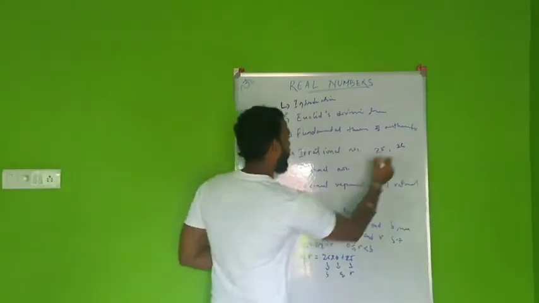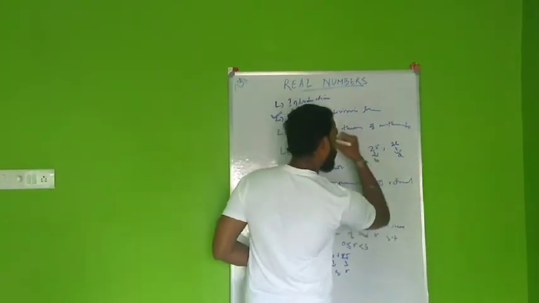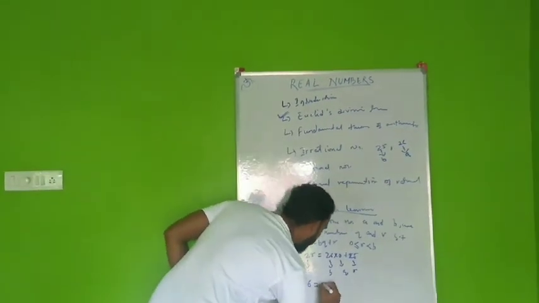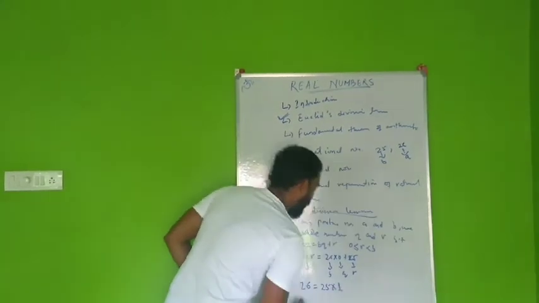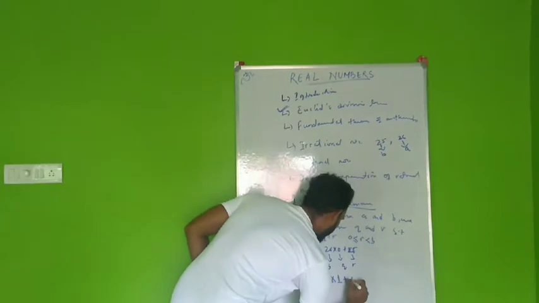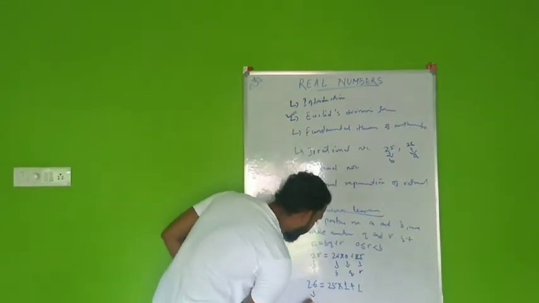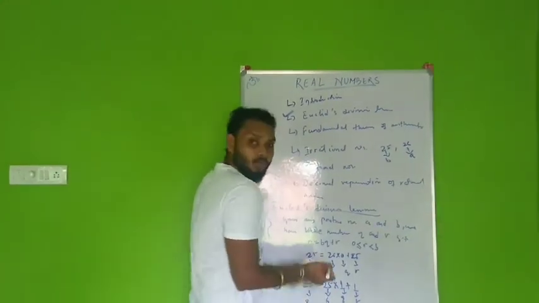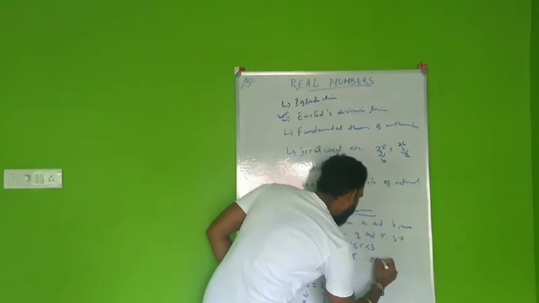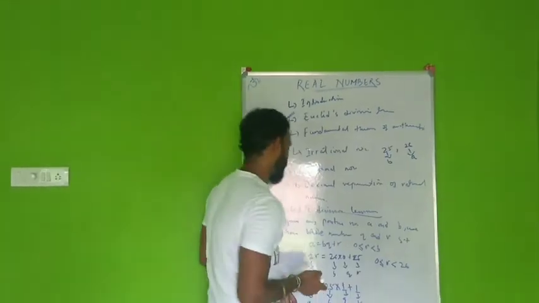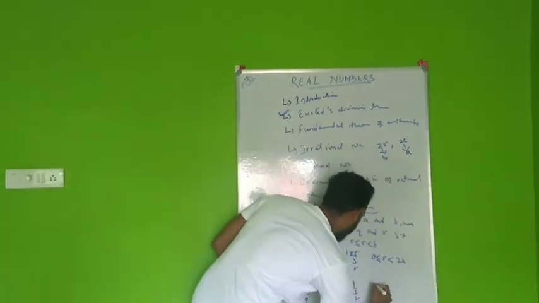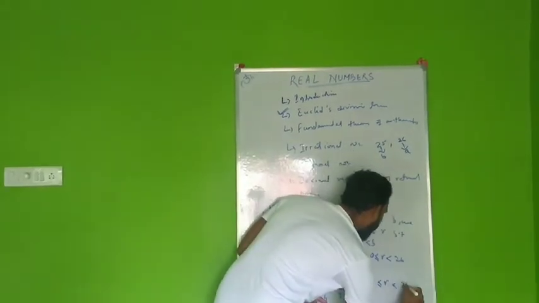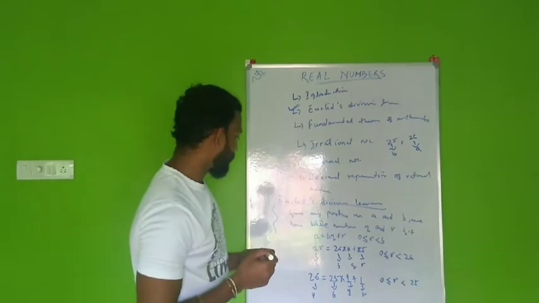But if I say this 26 is my a and 25 is my b, then I can write 26 is equal to 25 into 1 plus 1. That means here this is my a, this is my b, this is my q, and this is my r. In both cases you will see that 0 is less than or equal to r, which is less than 26 in the first case, and less than 25 in the second. Is it clear? That's great.